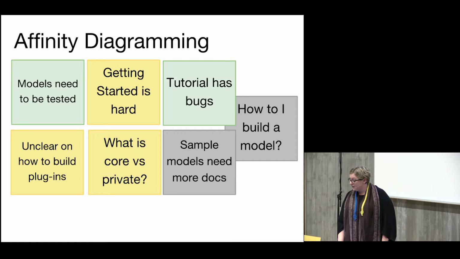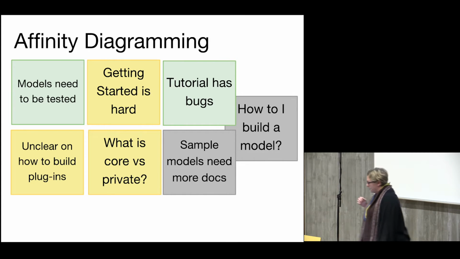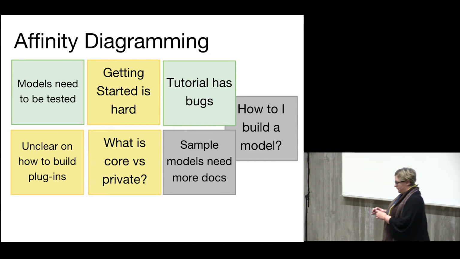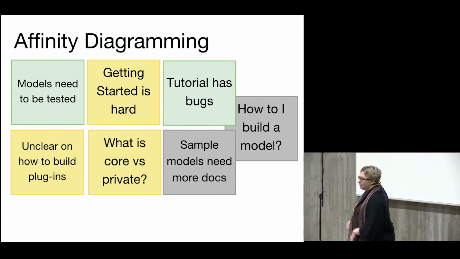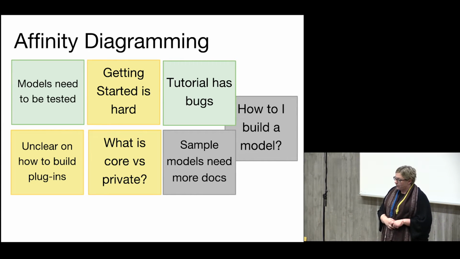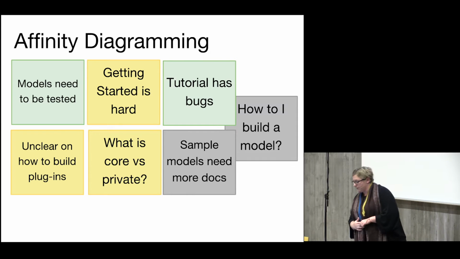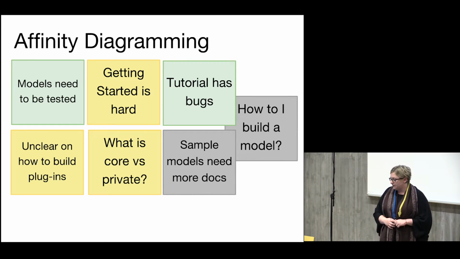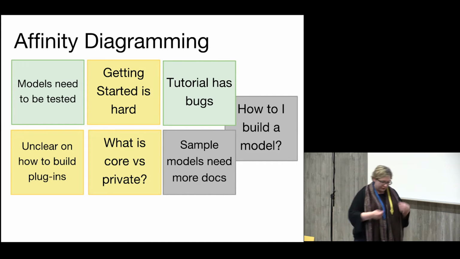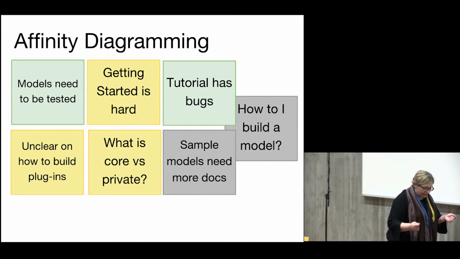Another technique is affinity diagramming. You have to imagine that in real life, these would be little Post-it notes. Affinity diagramming is a way to find themes in a collection of ideas. First you have your group.